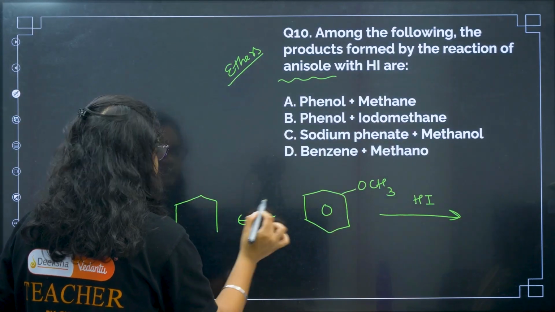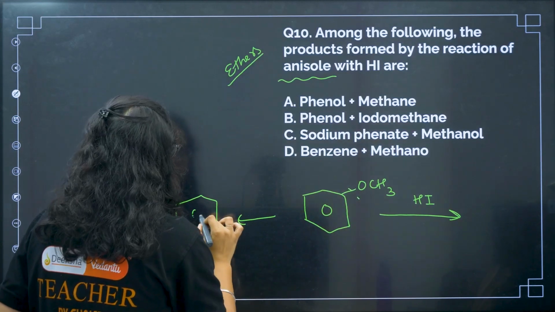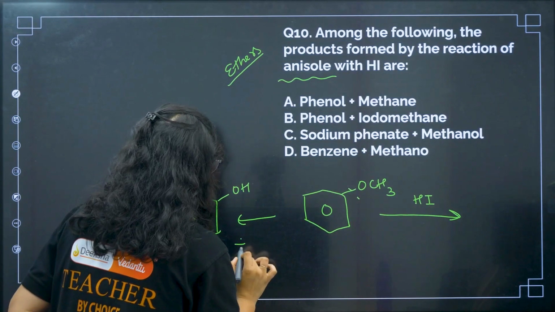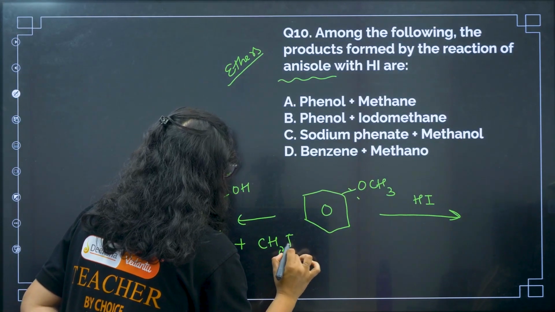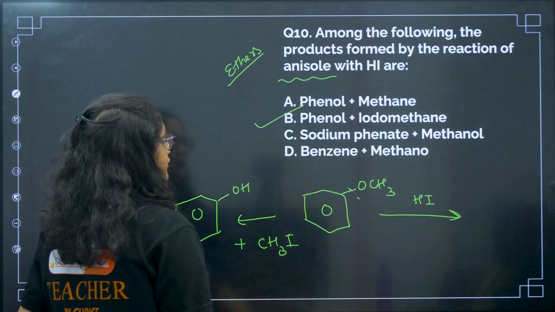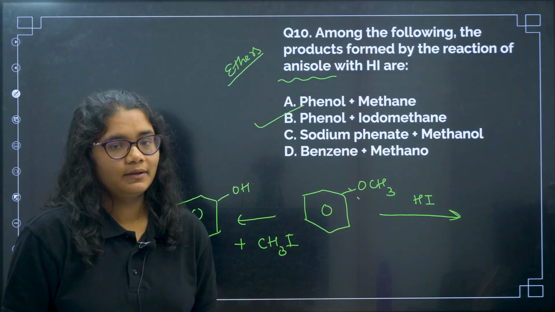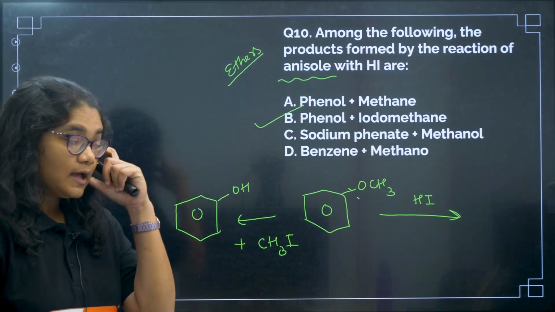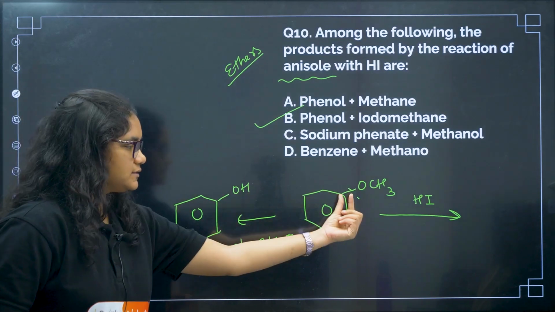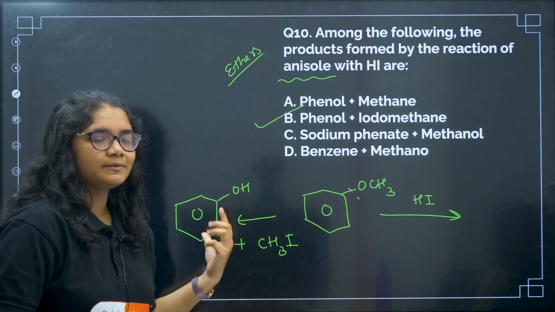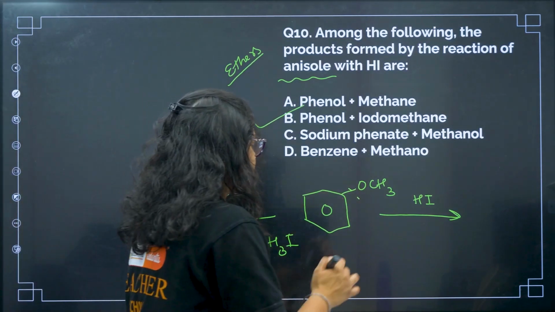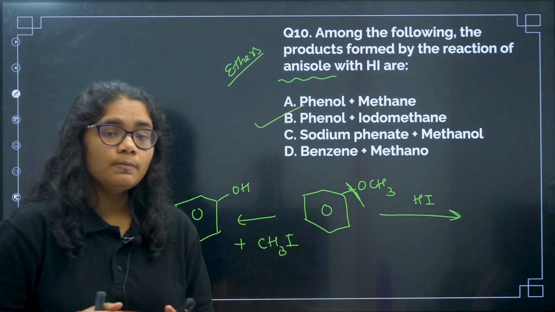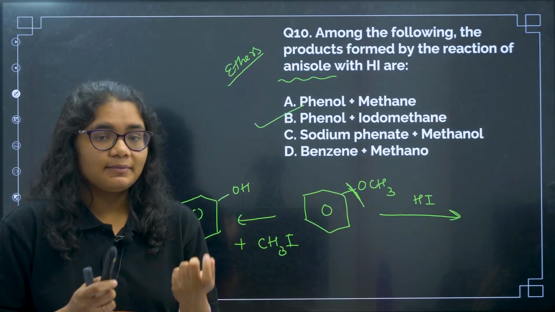Okay, this bond cannot break. So here there will be OH and we will get CH3I, iodomethane. So phenol plus iodomethane. Correct answer is option number B. Okay, I hope everybody would be agreeing with this. Whenever this phenol group is there, O will always be attached to phenyl. There is no way that this bond can break because we know this has a partial double bond character.